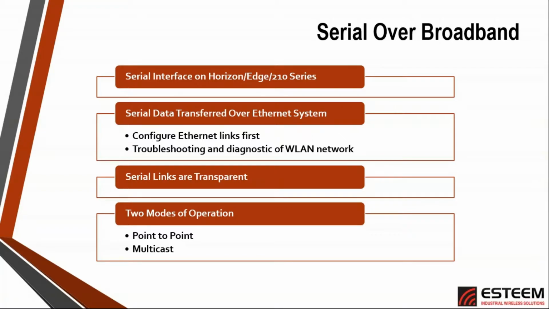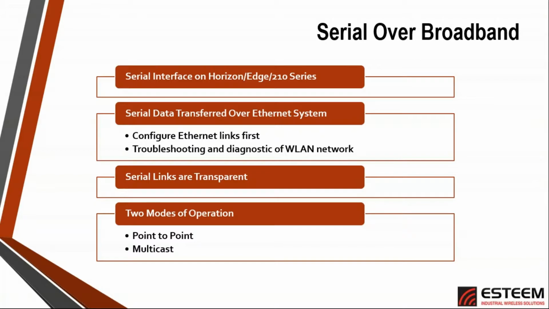Well, these Ethernet packets are a little bit different than what other Ethernet devices are going to be looking for. So it's really a customized Ethernet packet that only our radio systems will recognize and do something with. The serial information that is put out by the PLC or the RTU is actually injected inside of our Ethernet packet as what's called the payload. That's the data itself inside of the packet.